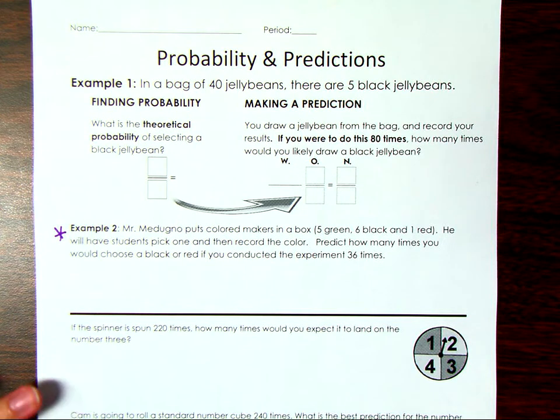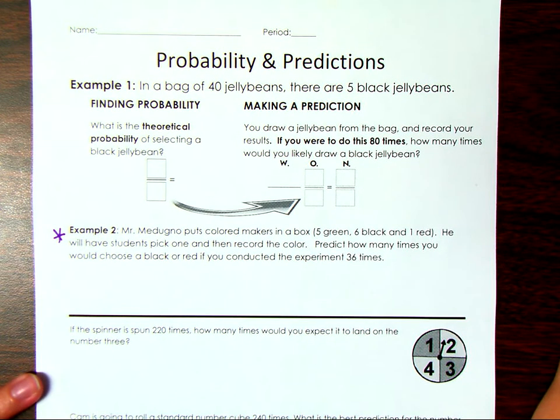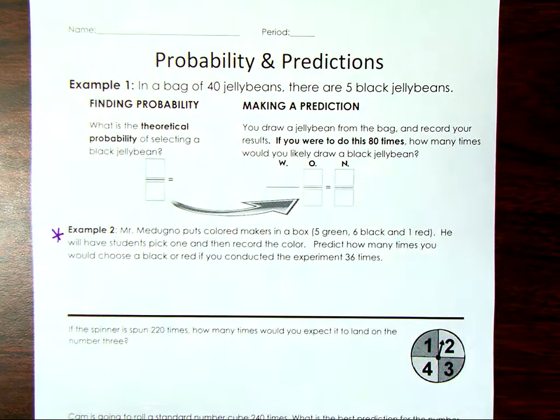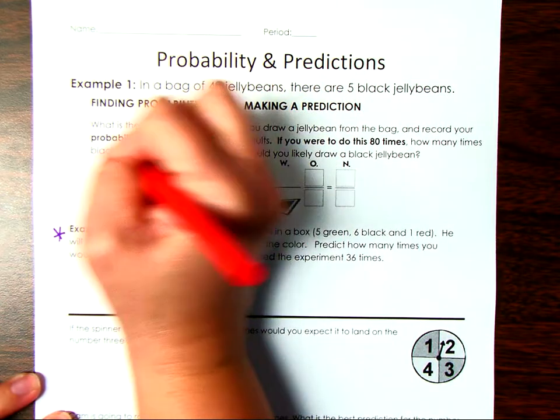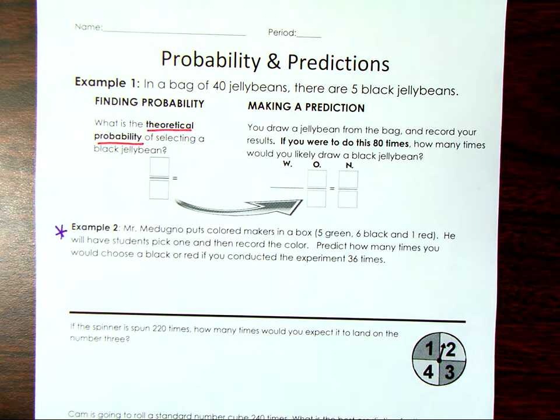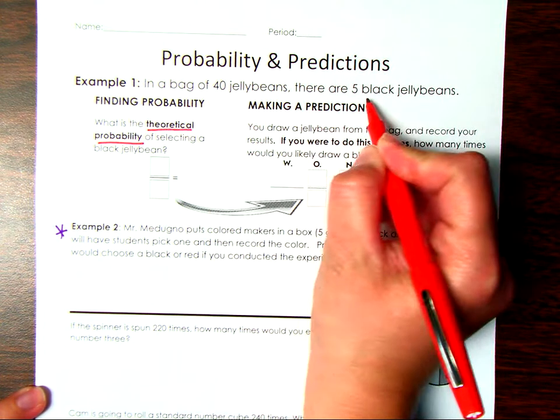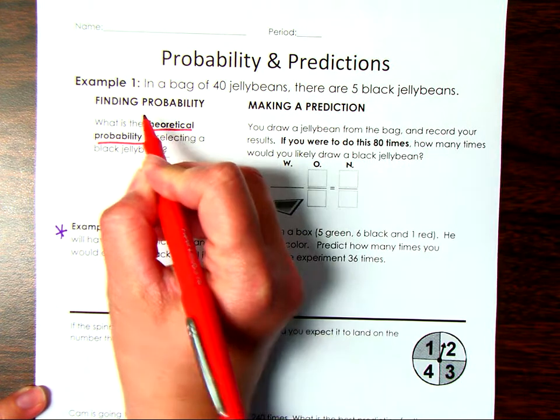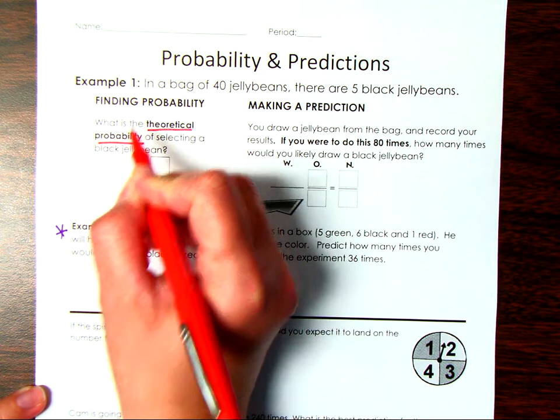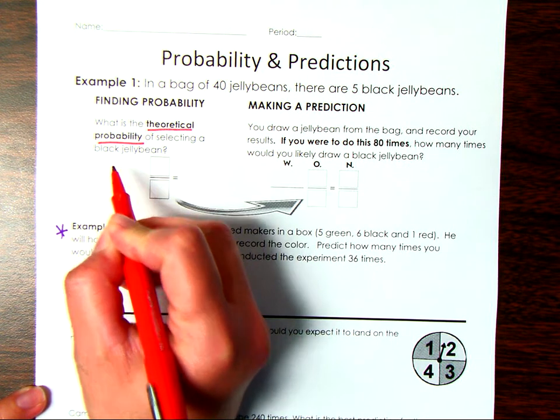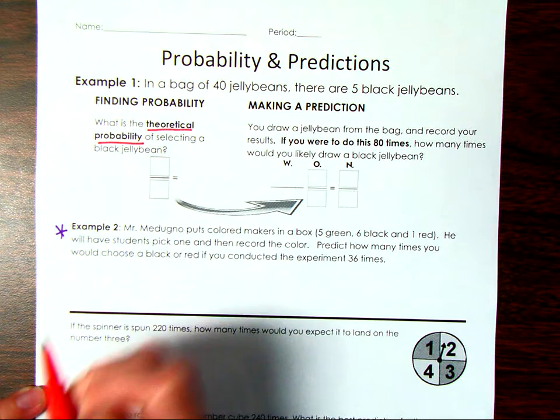When we're finding probability, remember we've talked about theoretical probability, so what that means is what should happen. For example, if we have a bag of 40 jelly beans and there are 5 black jelly beans, what is the theoretical probability of selecting a black jelly bean?